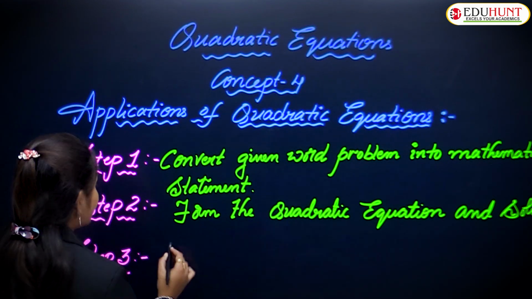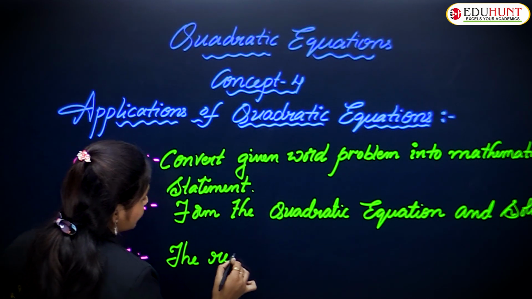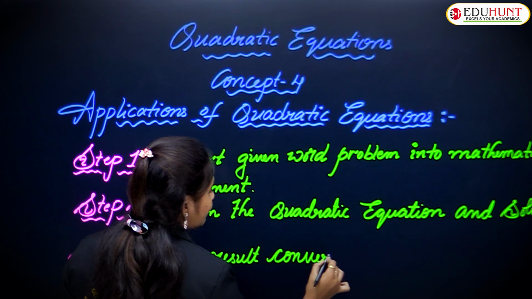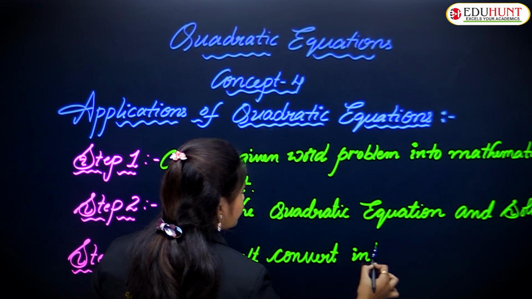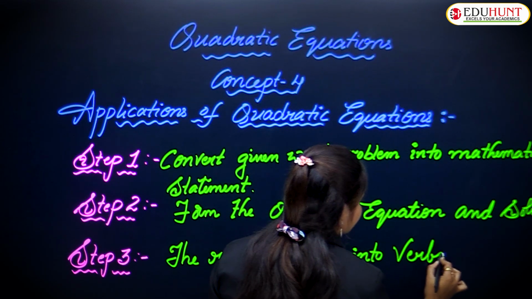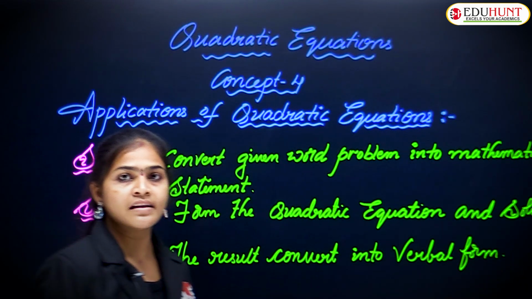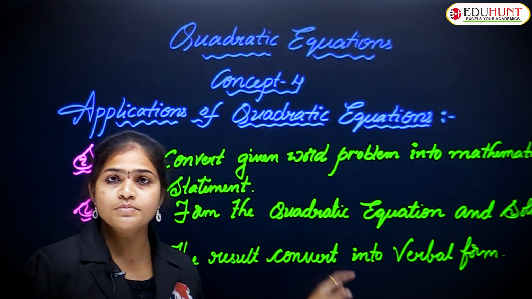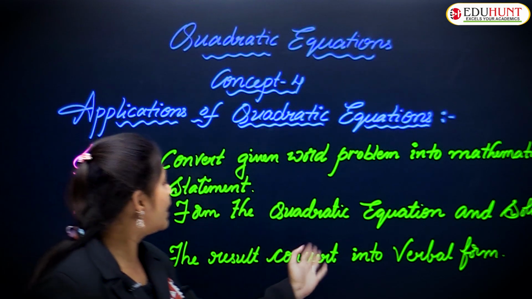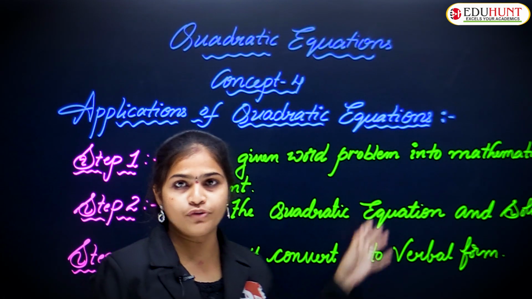And the last step is the result. Finally, convert the result into verbal form. Verbal form means we will get the result in terms of numericals, and we have to convert those numericals into verbal form, which is just word form.